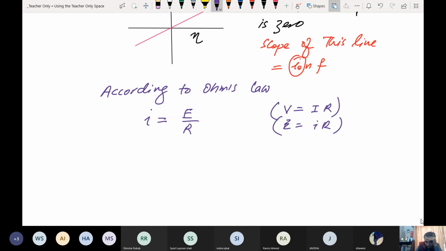So from there you see that I is equal to E over R. Now by analogy with this law, the slope of the plot which we saw over here, that is i naught nF, is called transfer admittance.